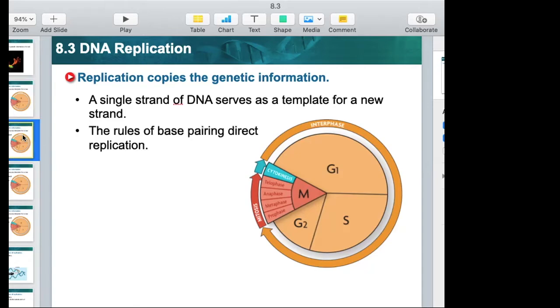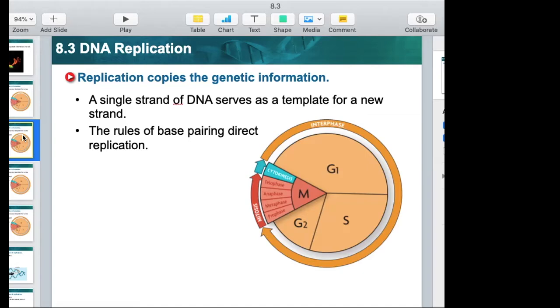As DNA is copied, the base pairing rules apply. You have an enzyme that goes down the DNA strand and looks at the nucleotides. Let's say it looks at A. If it sees A, it's going to pull in T. If it sees C, it'll pull in G. So it's going to do the mirror image of what it sees on the DNA strand.